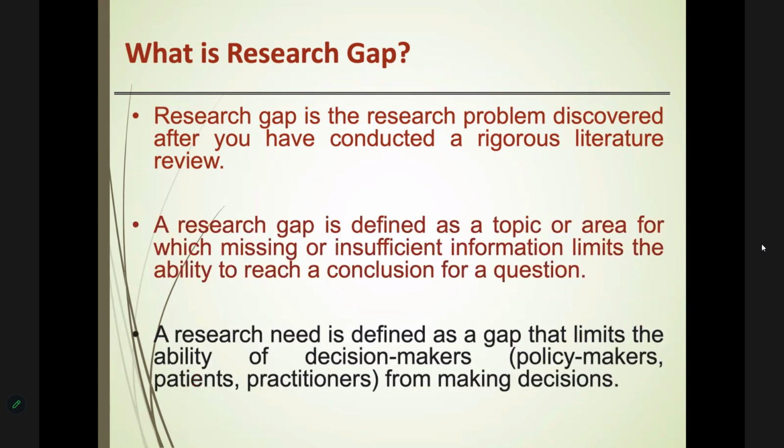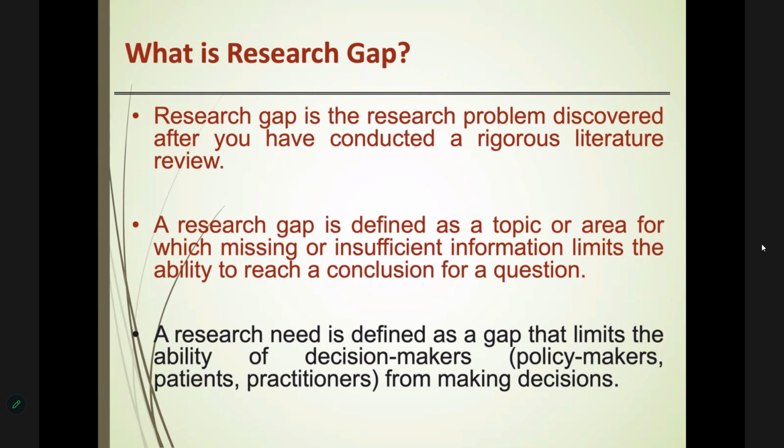And a research need is defined as a gap that limits the ability of decision makers to make decisions. When it doesn't give decision makers enough information to come up with a solution or make a decision, then you can say there is a gap in the knowledge.